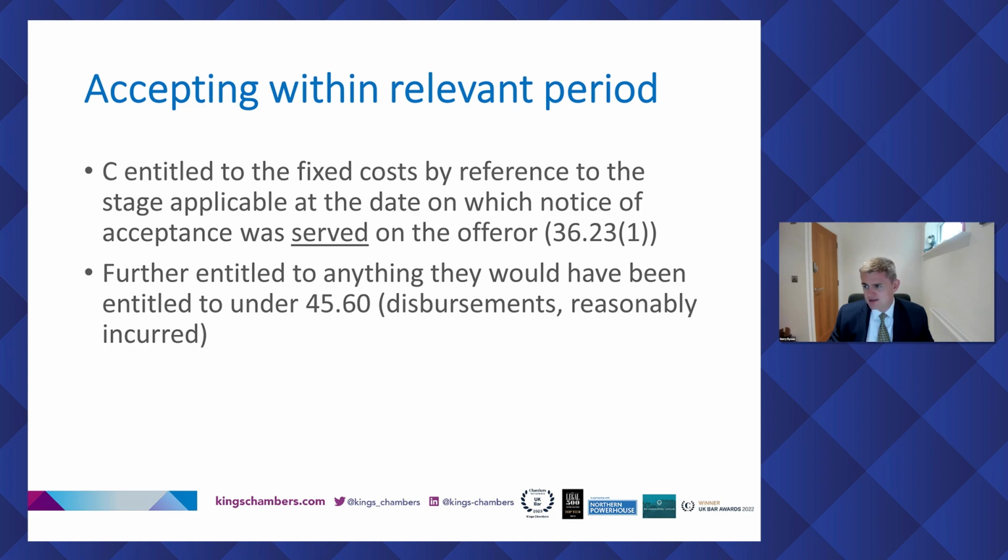So whenever I say that you're entitled to one particular stage of costs, you're also entitled to the disbursements reasonably incurred under 45.60. So I'll flag that up now, but it's not within the confines of this talk to look at that in any great detail.